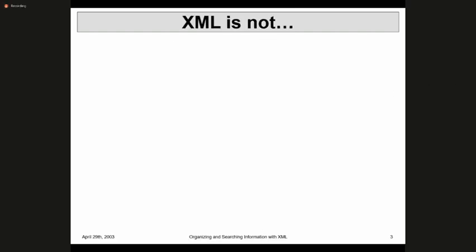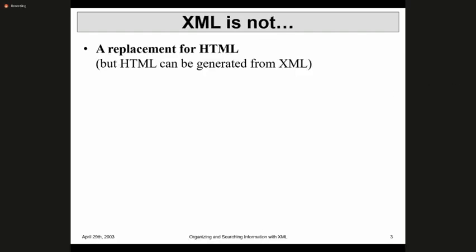So XML is not a replacement for HTML, right? You can't get confused. XML is not HTML. XML is not an advanced version of HTML, or the replacement or successor for HTML. XML is a different thing and HTML is another thing.